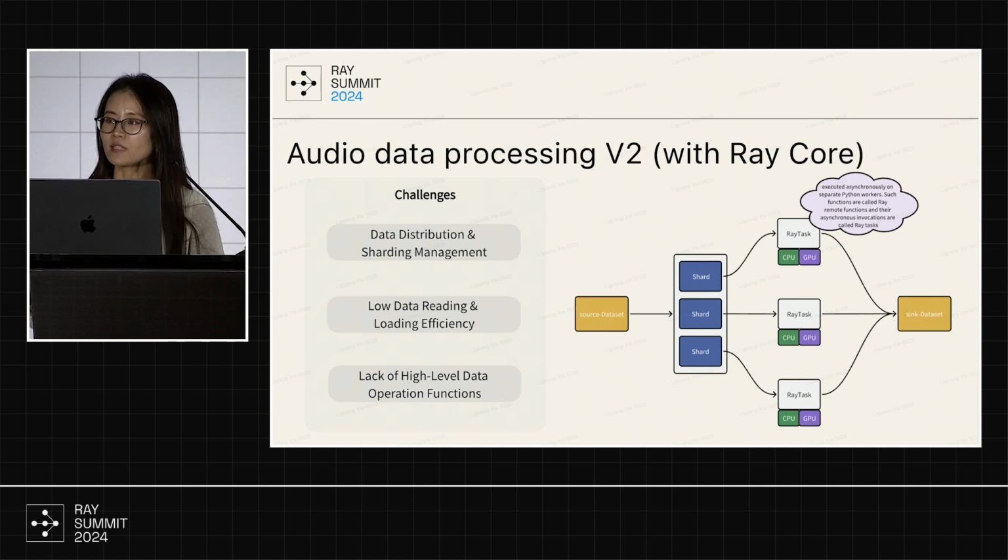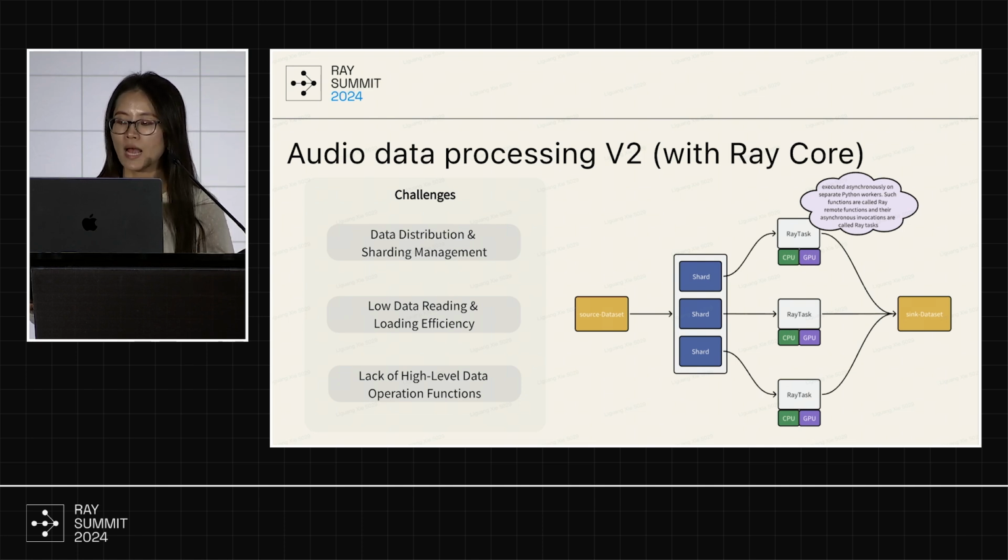It lacks an efficient automatic data reading and loading mechanism, which is likely to affect overall efficiency. The last issue is the lack of high-level data operation functions. So we have to spend a lot of time developing the functionality. Ray Data is a high-level data operation library that can give us common data operators, whereas manual implementation increases the maintenance cost.